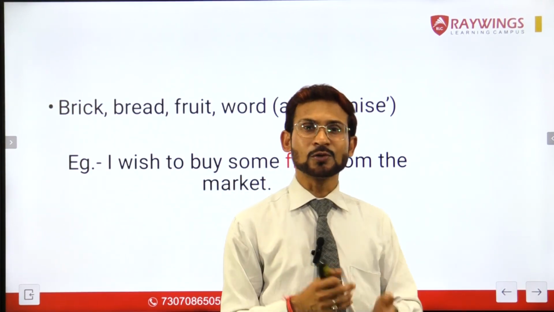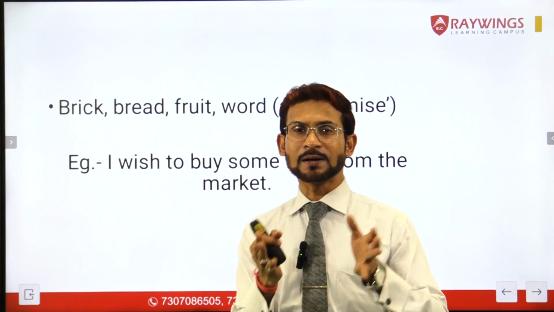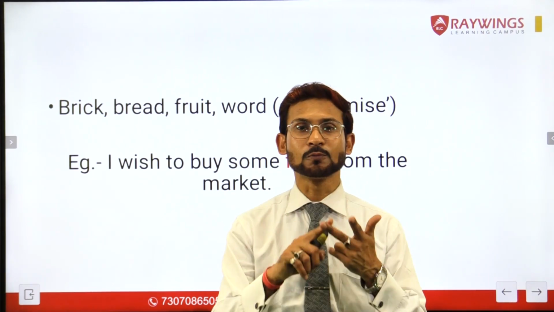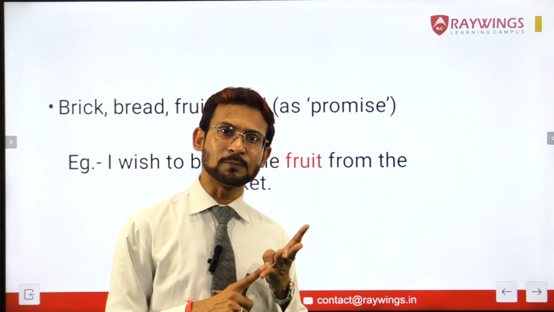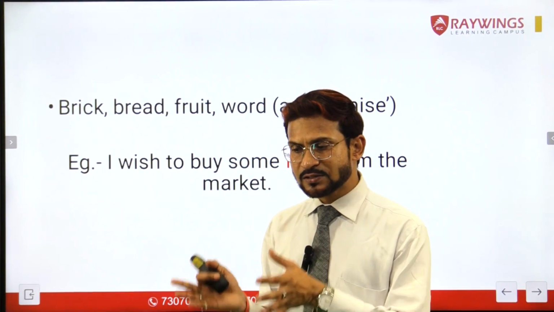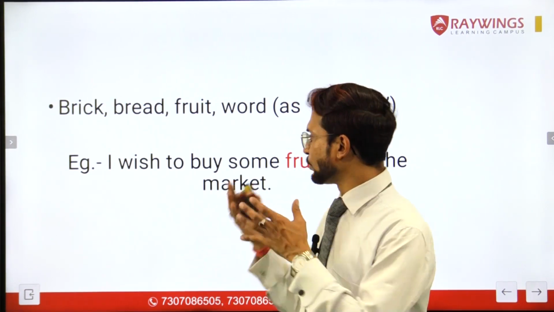Now, there is also the word fruits in English. Fruits means whenever we talk about a variety of fruits, that means I'm going to buy some oranges, some bananas, some apples, as well as some pineapple, right? So if I purchase a variety of fruits, then it will be referred to as fruits in English.